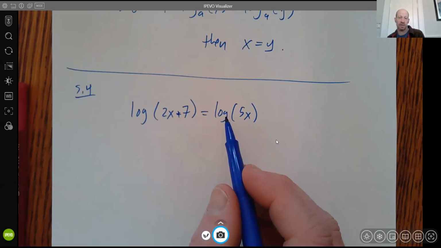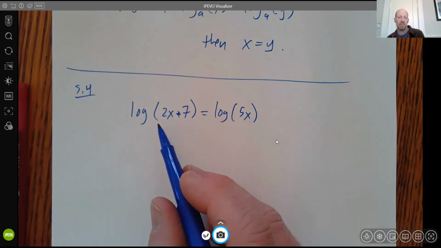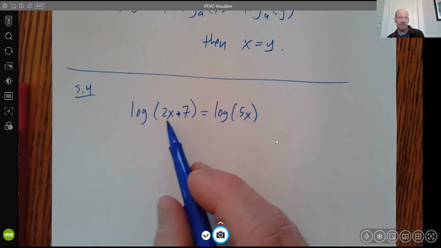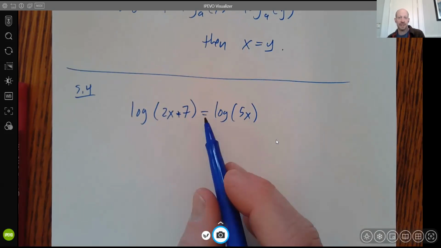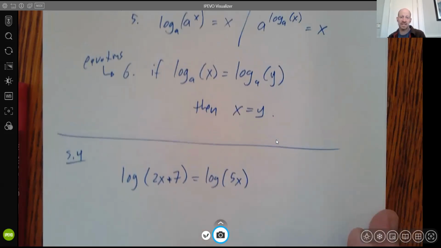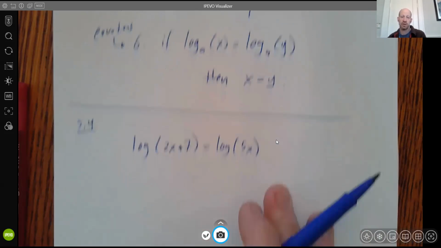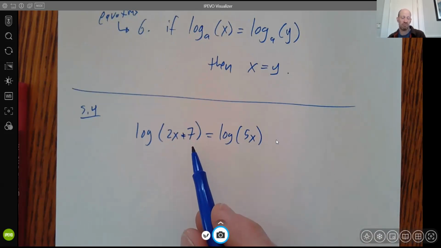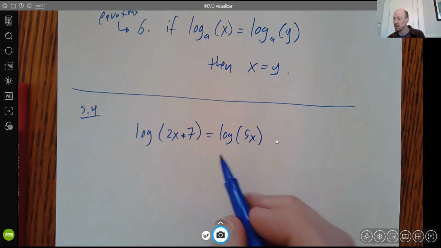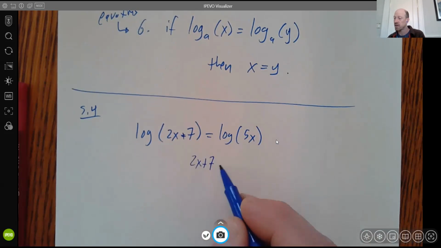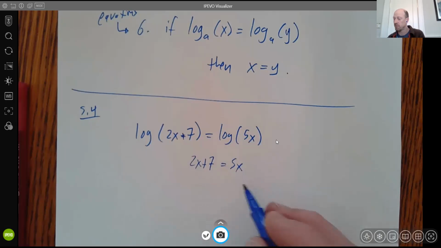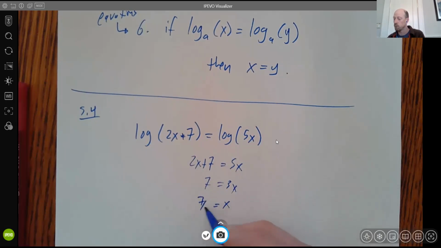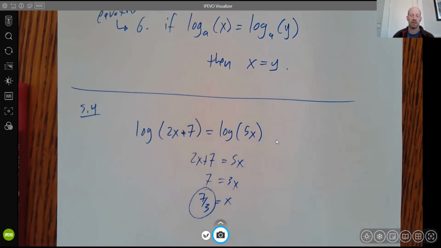In this case, this is a common logarithm, so it's log base 10, but it doesn't matter what the log is if it's the same base and equal to one another. This is exactly the statement here. This is great, because it just means that 2x plus 7 has to equal 5x. And you can solve that, and we get 7/3.